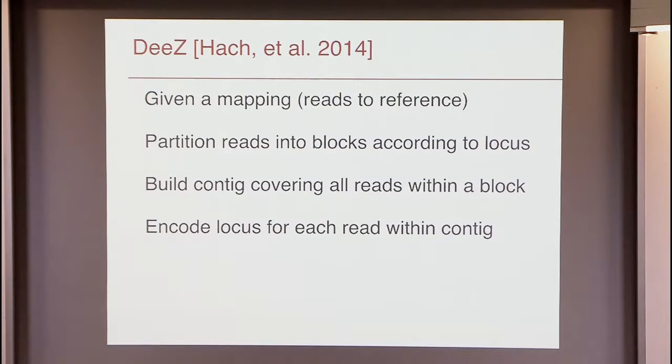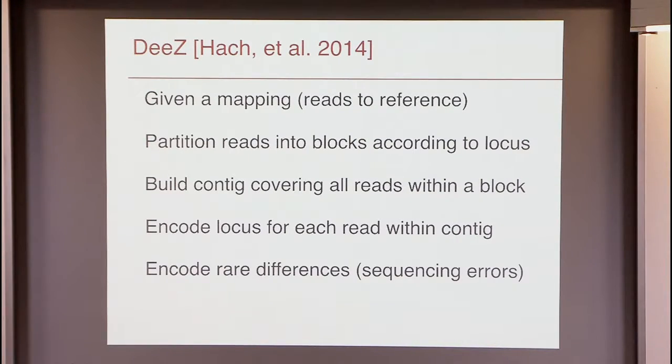So the idea is that most differences between reads and a reference should be shared by nearly all the reads that map to that locus in the reference. In other words, other than sequencing errors or highly allelic regions, all the reads that map to a given locus should agree with one another. And we can store the few cases where they don't by encoding those rare differences.